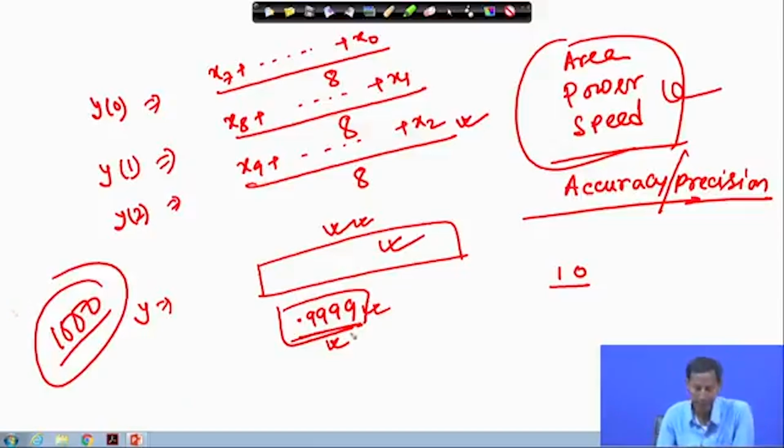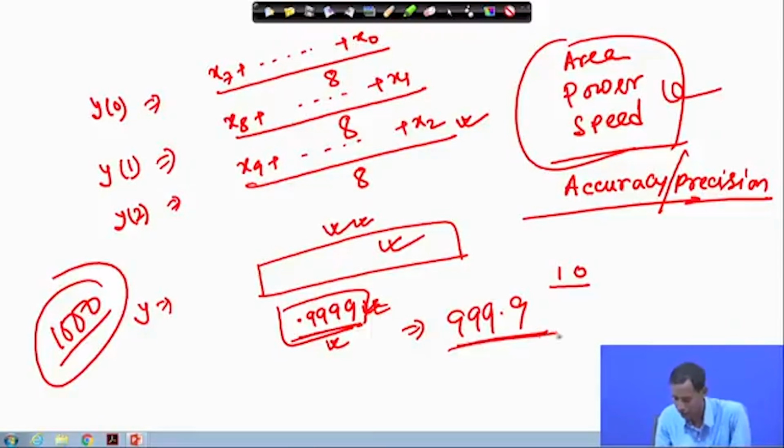At that time, if each of these numbers is, let us consider, fixed to 0.999, and I add these 1000 numbers, what will be the output? This should be the final output.